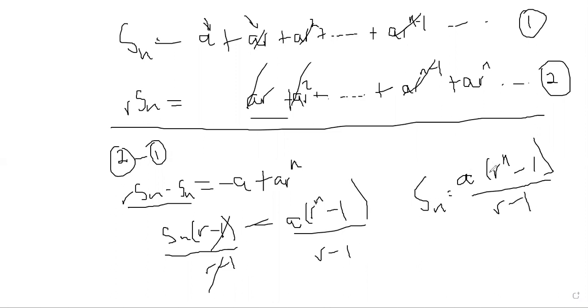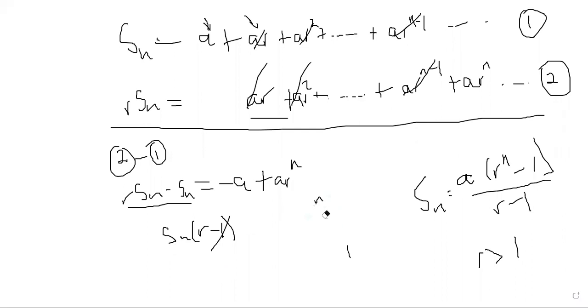So you use this one when your R is greater than 1. Right? If it happened that we said equation 1 minus 2 instead of 2 minus 1, what we would get is something like this, right? Let me try and raise it, show you exactly what we would get.